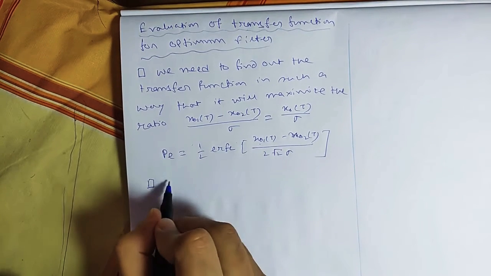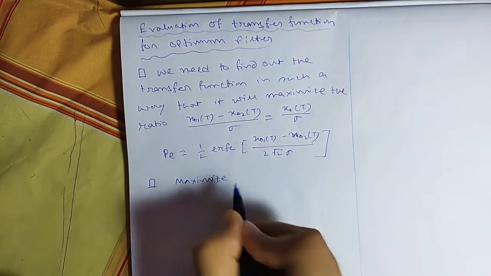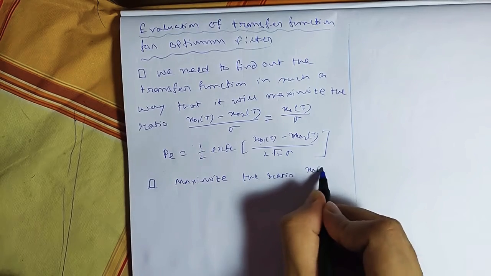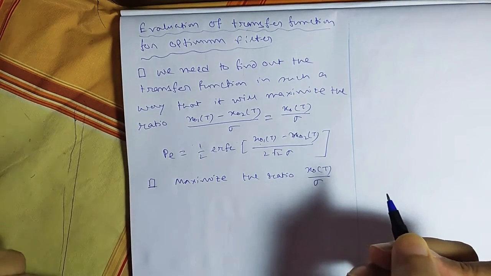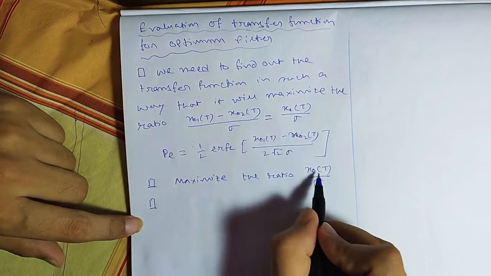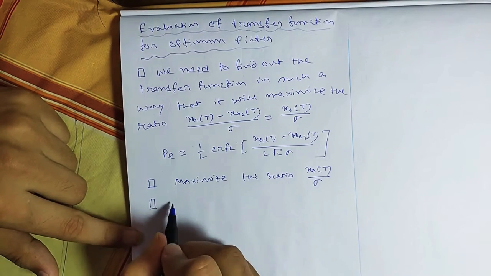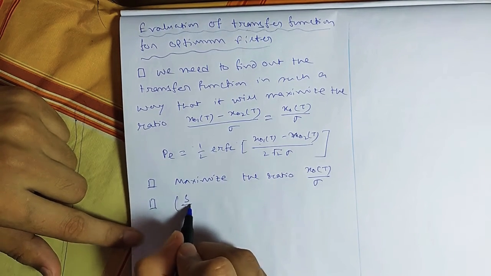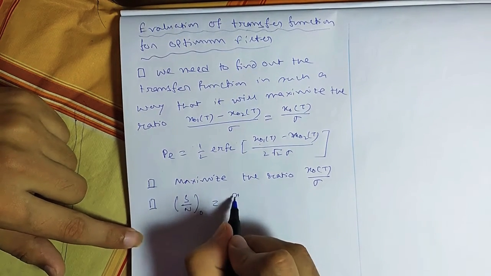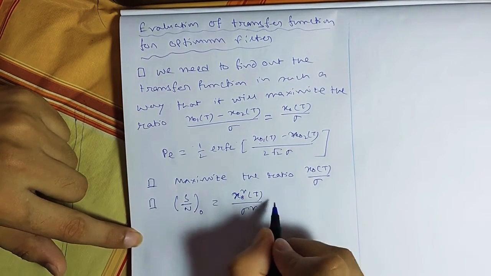So we need to maximize the ratio x0(T) by sigma. Considering the square of the ratio, signal component by noise component, we can say the square of the ratio is signal power by noise power, that is, x0 square (T) by sigma square.